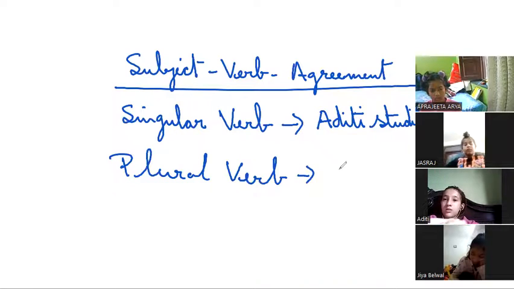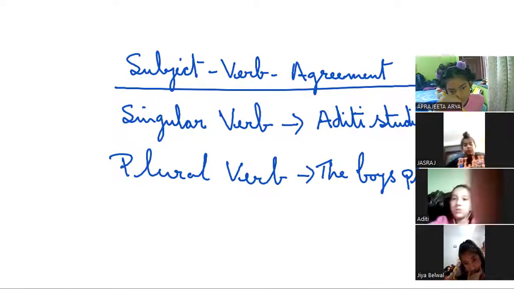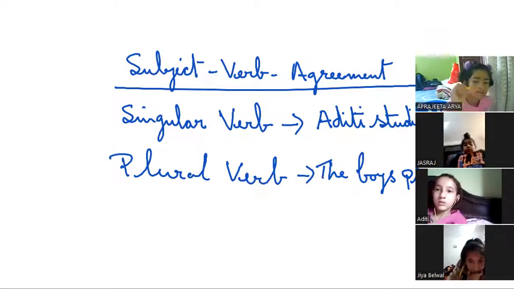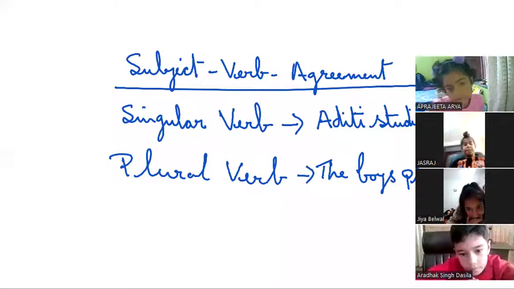For example, if I say the boys play, so it's not plays, it's play. So it's a plural verb. So remember, a verb which ends in an S is always going to be singular, and the verb which does not end in an S, that's always going to be plural.